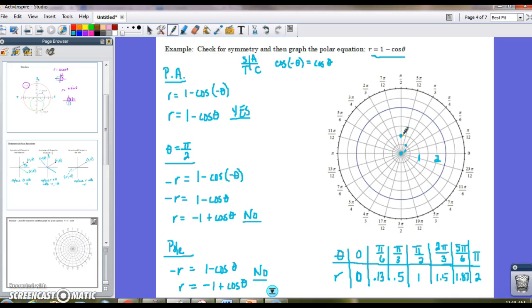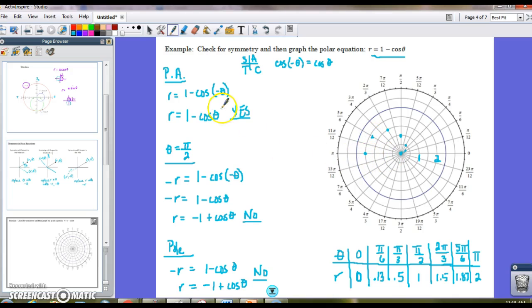At 2 pi over 3, I'm at 1.5. At 5 pi over 6, I'm at 1.87, so I'm right about here. And then at pi, I'm at 2.